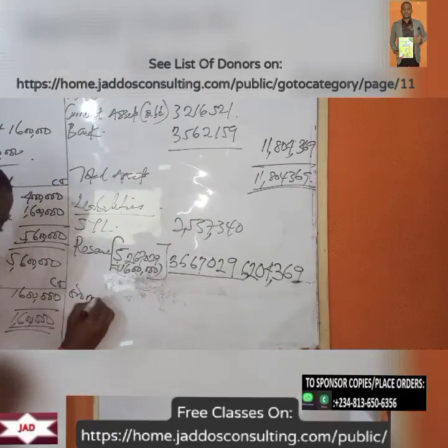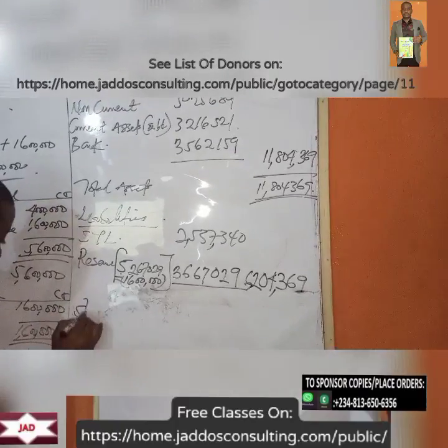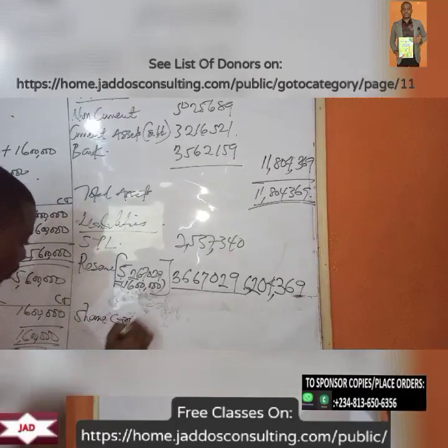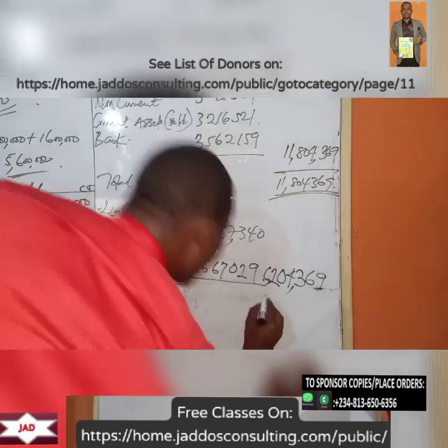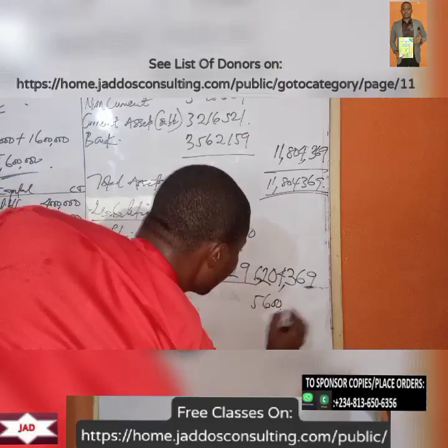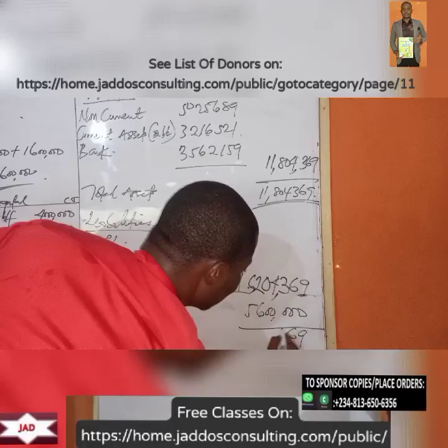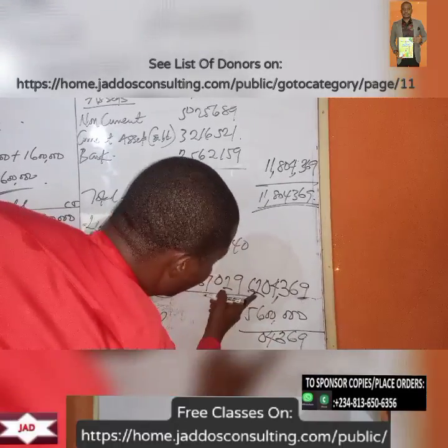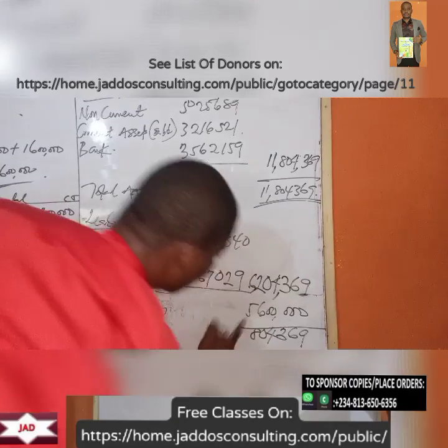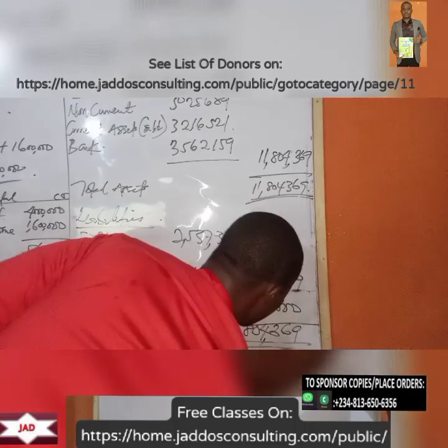So what's the next one now? Our ordinary, or let's call it share capital, straight up. What's our share capital? 5,600,000. So what do you have? This is 9, 6, 3, 4. 0 plus 0 is 0. 2 plus 6, 8. 5 plus 6, 11. 11,804,369.